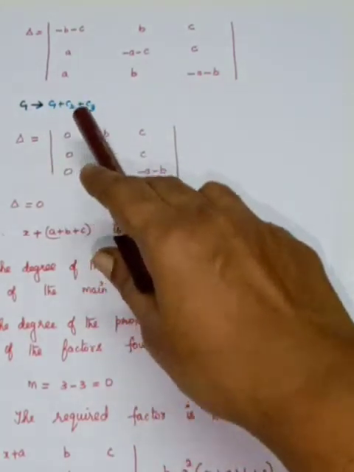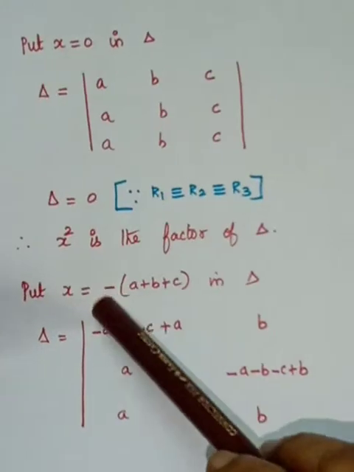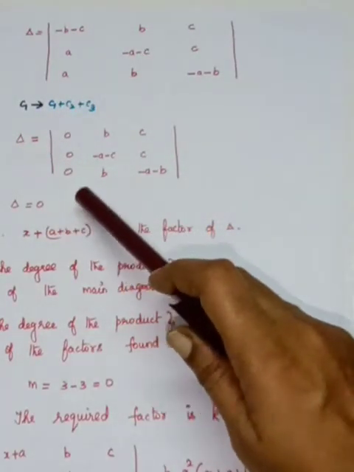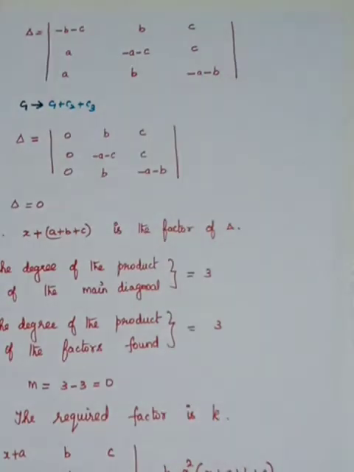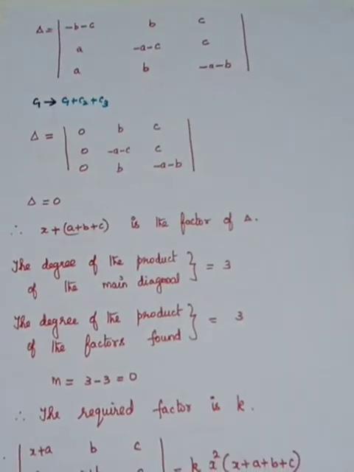So when you expand by C1, the value of the determinant is equal to 0. So when you substitute x equal to minus of (a plus b plus c), the value of the determinant is 0. So x plus a plus b plus c is a factor of delta.